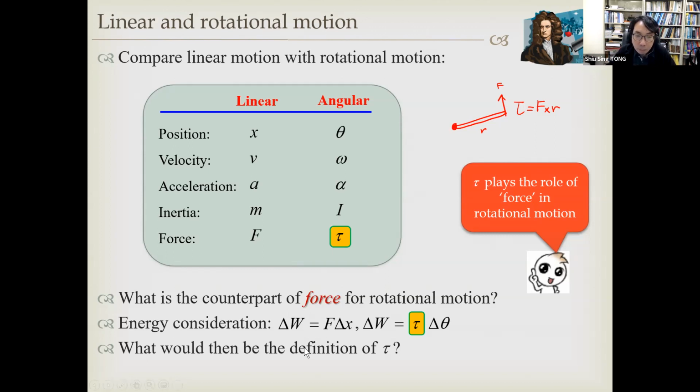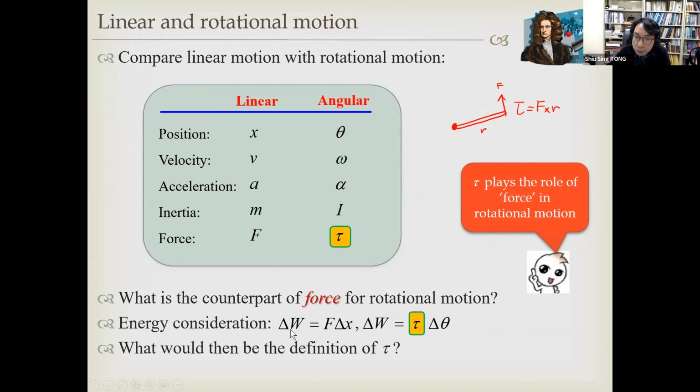Now we use the definition of energy consideration, right? We know that if my object is in a linear motion and it moved by a small distance delta x, the force will do a work on it, and that's given by F delta x.